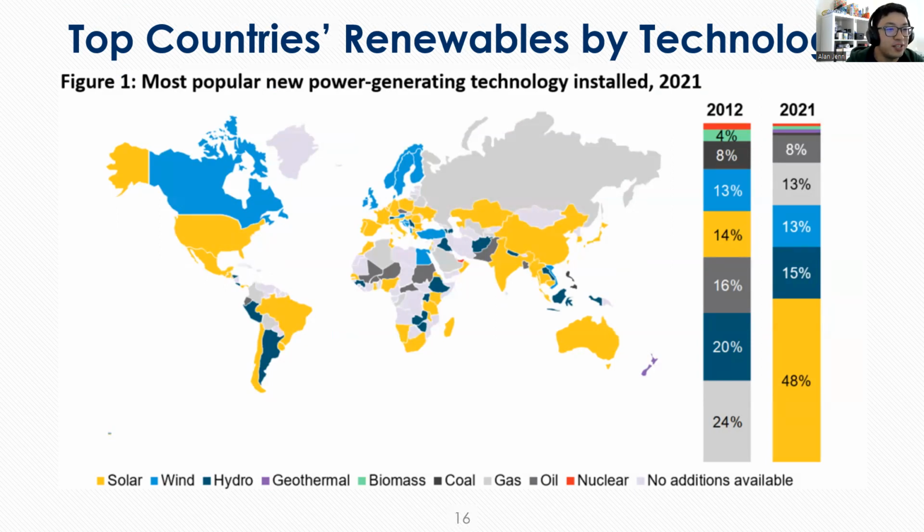The most popular new power generating technology installed in 2021, you can see what that looks like. I really like the bar chart on the right-hand side, which shows the difference in the types of investments made a decade ago versus 2 years ago. Back then, a lot of gas, oil and coal, whereas today the amount of coal is basically nothing.